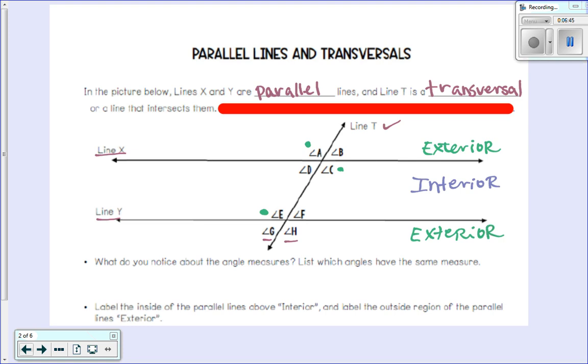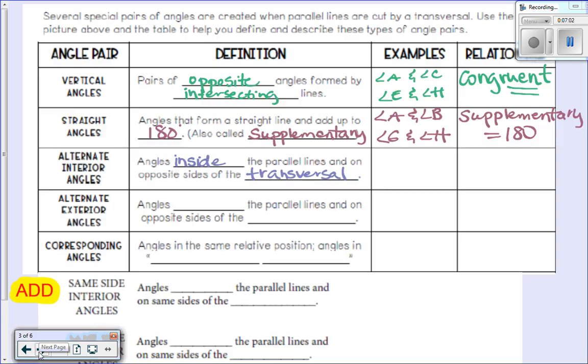Angle C and angle E. What else? Good. I'm going to switch colors. Angle D and angle F are also alternate interior. Angle D and angle F. Then we also said angle C and angle E.